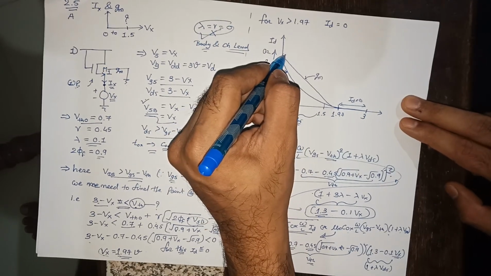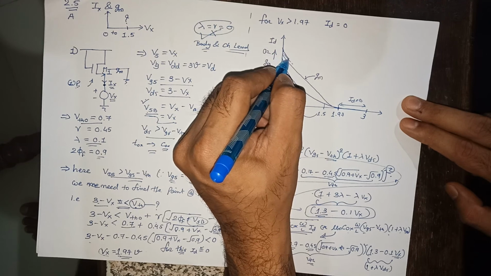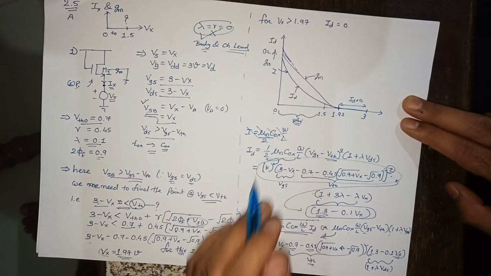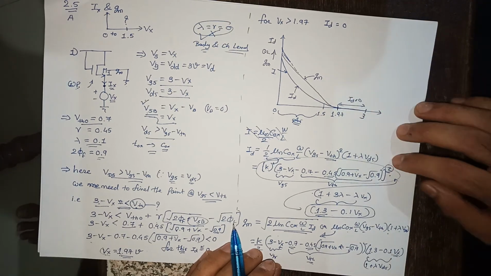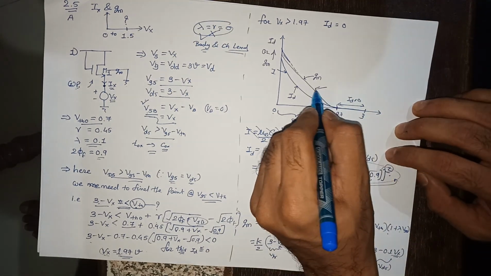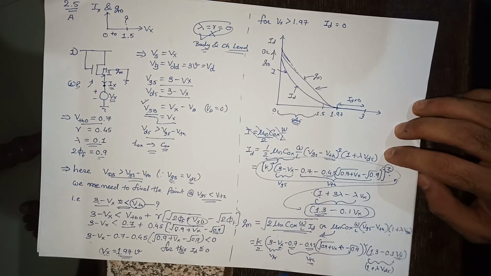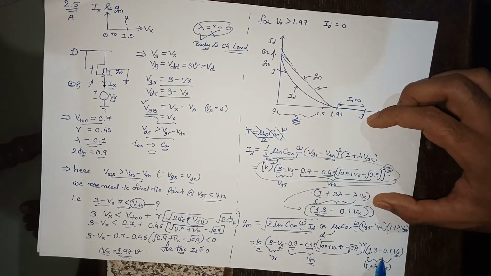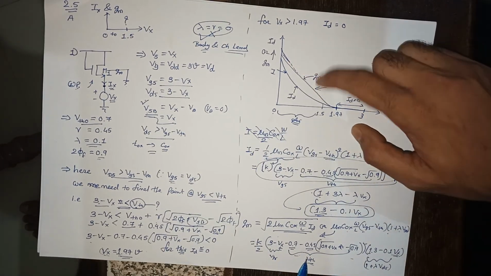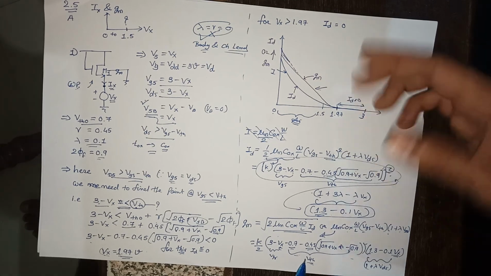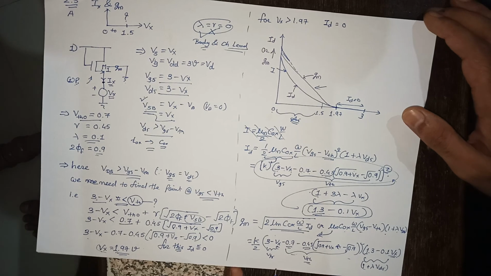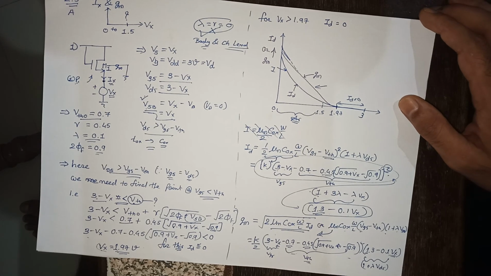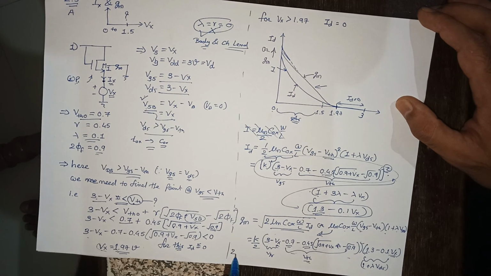You can put in values and see which kind of graph comes out. This is intuitively drawn here. I didn't find the points, but with respect to this equation you can find the values and put them here, or you can use MATLAB to solve this. Alright, so this is the solution of the 2.5 A part. We'll see the B part later.